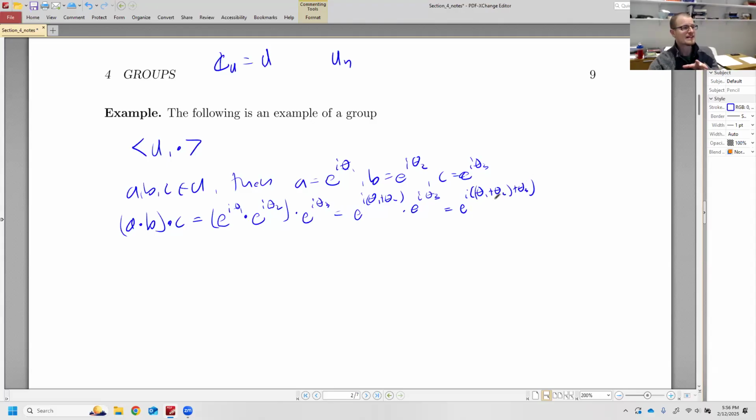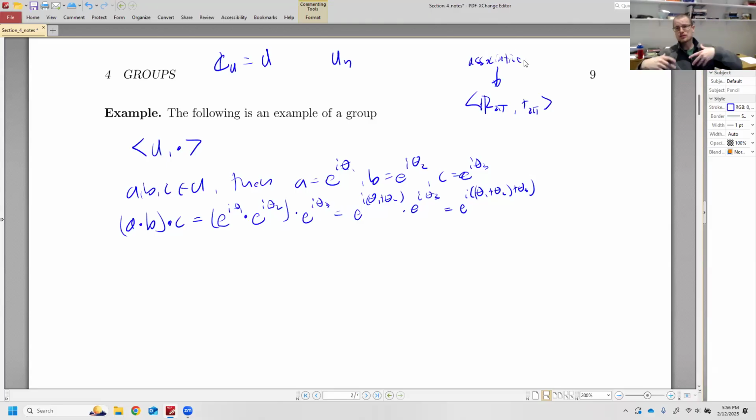Now, what we want to recognize is that addition of real numbers is also commutative, or rather we would be working in actually R mod 2 pi. So maybe we need to first note that we know that's a binary structure. That's fine, but this is actually associative as well.